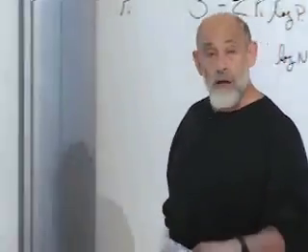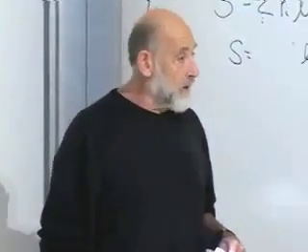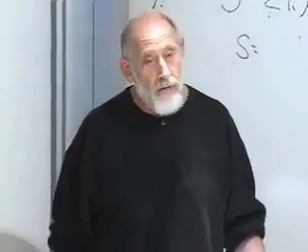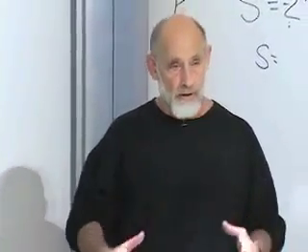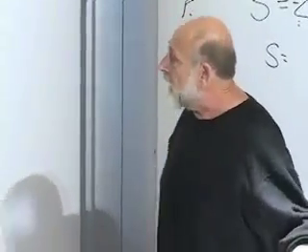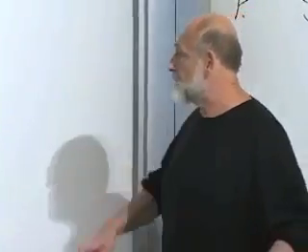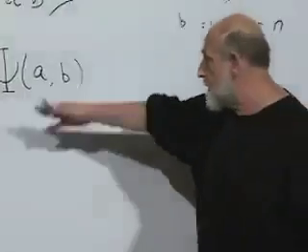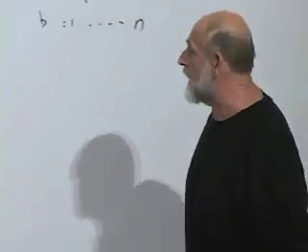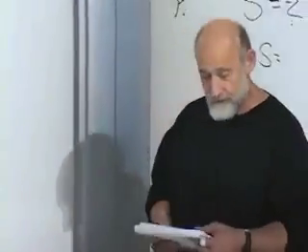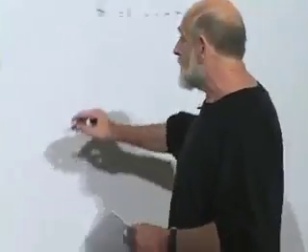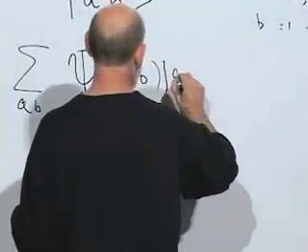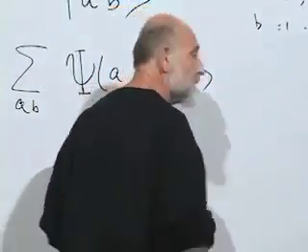In a more general context, A and B might even be continuous, but for our studies here, where we're studying qubits and discrete systems, A and B run over integers. They're integer-valued variables, but we can still write psi of A and B, sticking in any pair of integers. That gives us a complex number, multiplied by the state vector AB, summed over A and B. That's the most general state we can write down.